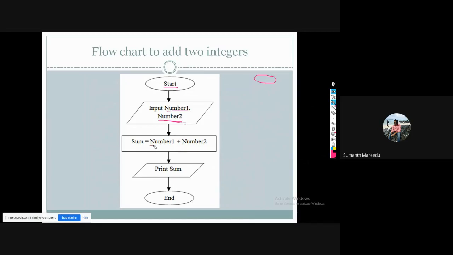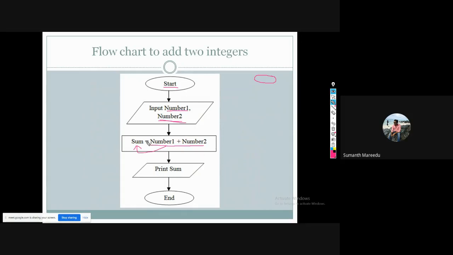Now adding those two numbers and placing that into a variable called sum. You can say c is equal to a plus b. You can say c is equal to number one plus number two. Sum is equal to number one plus number two. So anything you can write.